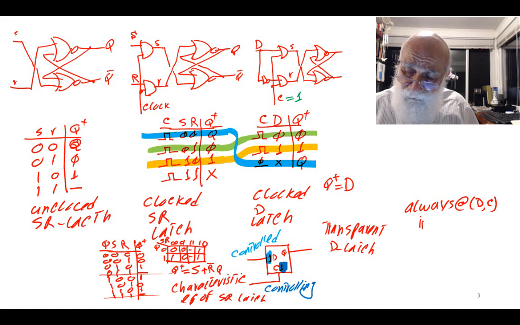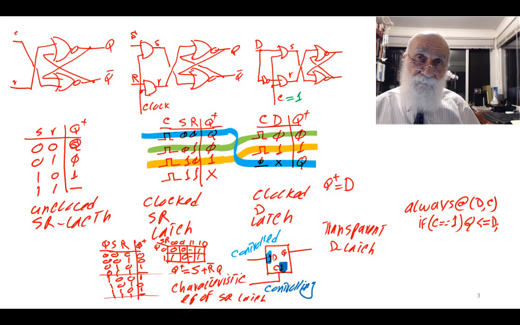And then I look: if clock is 1, then Q gets D. That's all there is to it. Remember that if Q is the output, you have to declare Q as reg, because it's being used on the left hand side of an always statement.